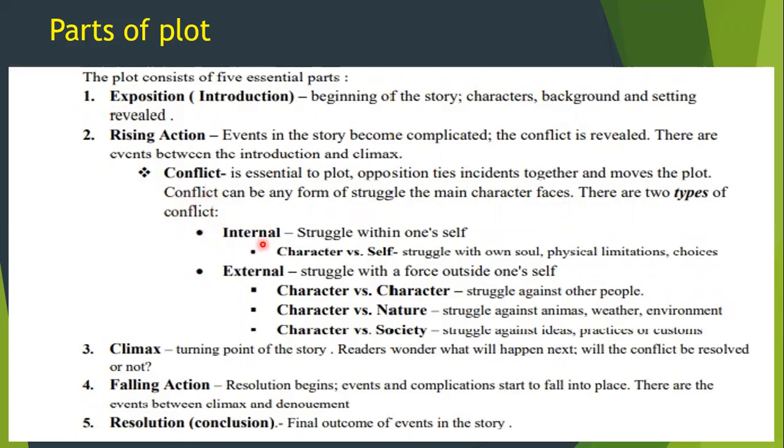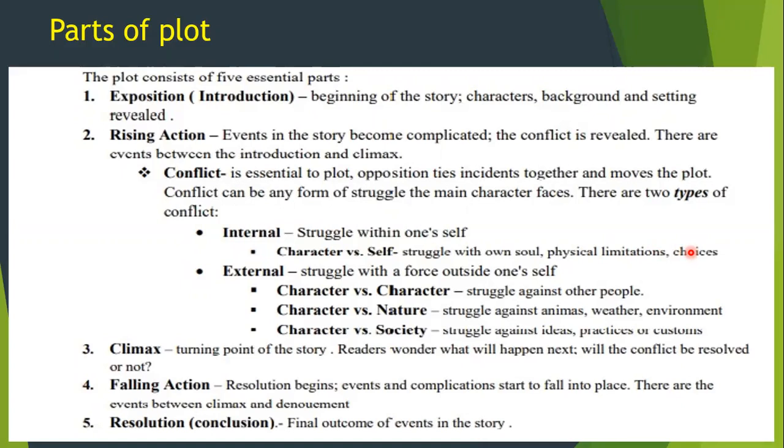The first one, internal struggle within oneself. أول نوع من أنواع الصراع هو الصراع الداخلي اللي يكون صراع الإنسان مع نفسه، مثل characters with self, struggle with own soul, physical limitations, choices. صراع الإنسان مع خياراته، مع محدداته الجسدية إلى آخره.